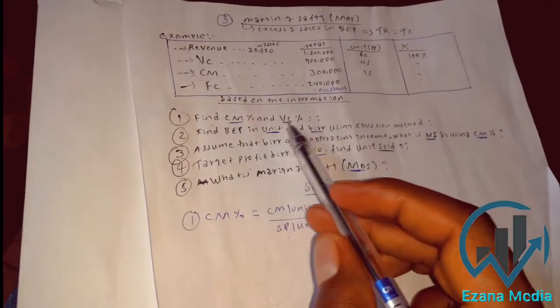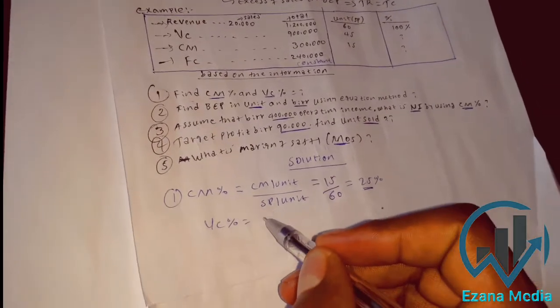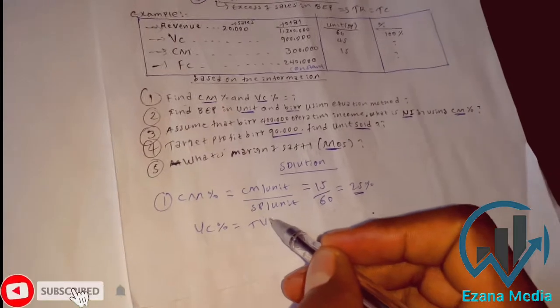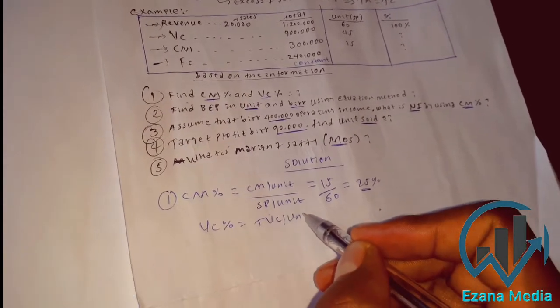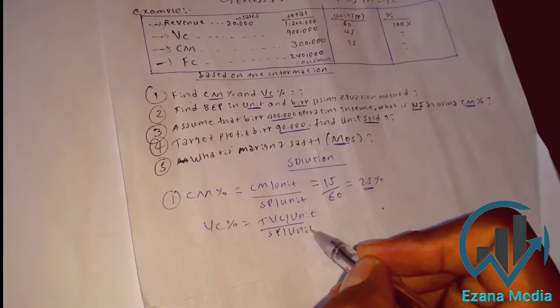And the variable cost percentage is equal to the variable cost per unit over the selling price per unit.